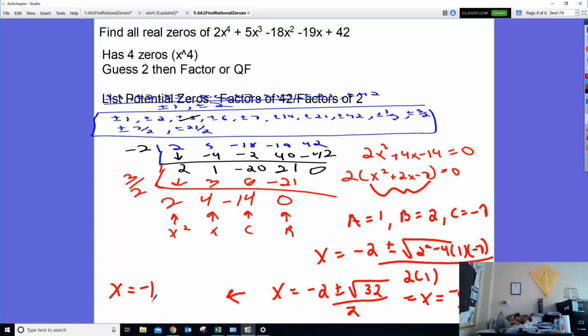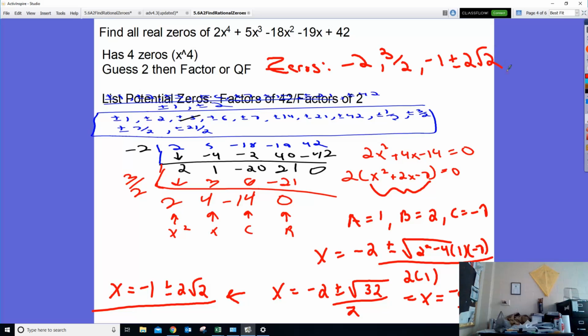I got -2 over 2, which is -1, and 4 over 2, which is 2. Here's your last 2. They're ugly, but they're real. So it turns out your zeros were at -2, 3/2, and then -1 plus or minus 2 root 2.